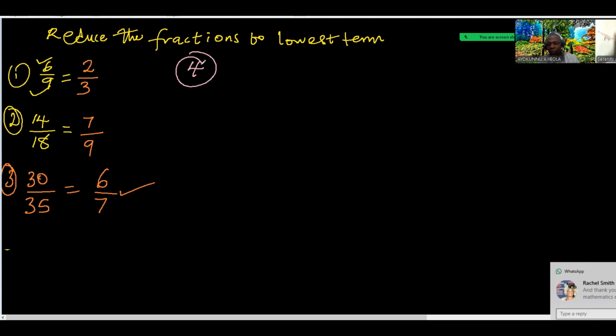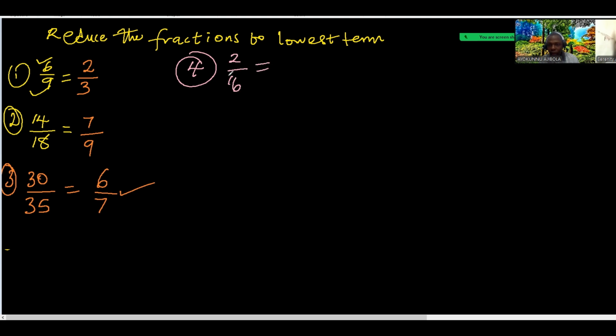Maybe this number 4. Let's say we have 2 over 16.